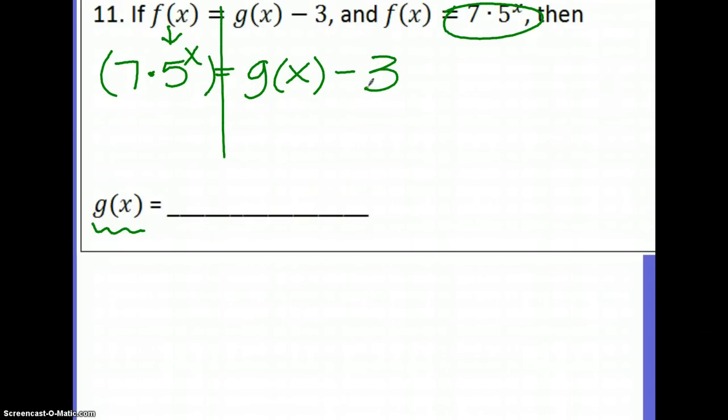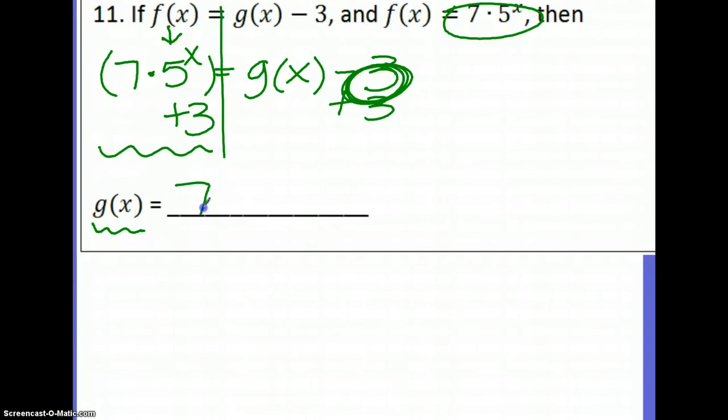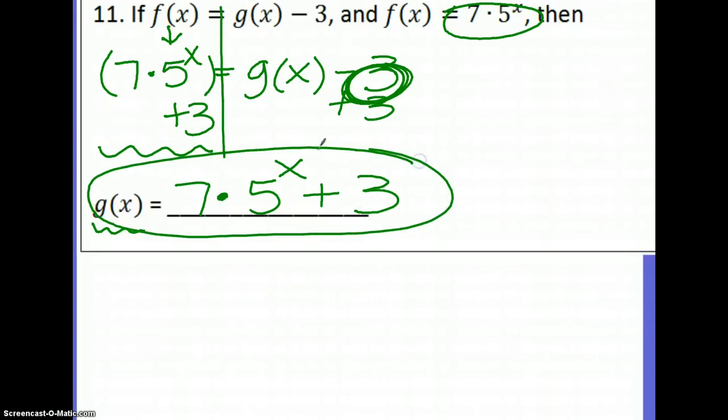We want to get g(x) all by itself on one side. So we're going to add 3 to get 0, add 3. And because there's no like terms over on this side, we have 7 times 5 to the x and then plus 3. We can't combine anything. That's how we leave it. g(x) = 7 times 5 to the x plus 3.